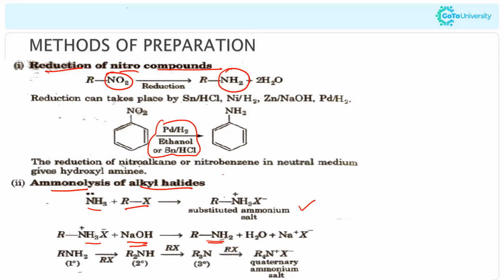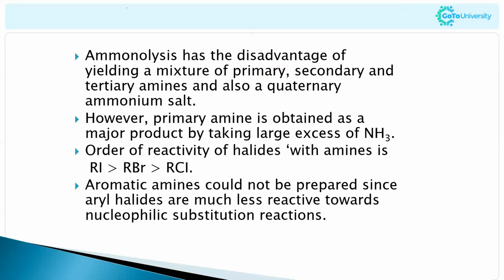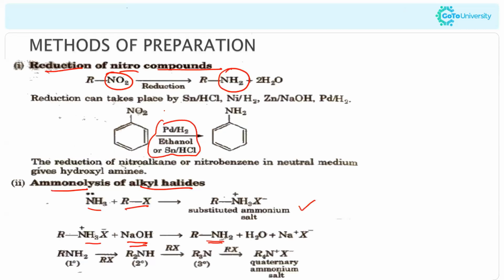Okay, now let us see the ammonolysis. It has a disadvantage of yielding a mixture of primary, secondary, tertiary, and also quaternary ammonium salts. The primary amine produced can react with more alkyl halide and convert into secondary.